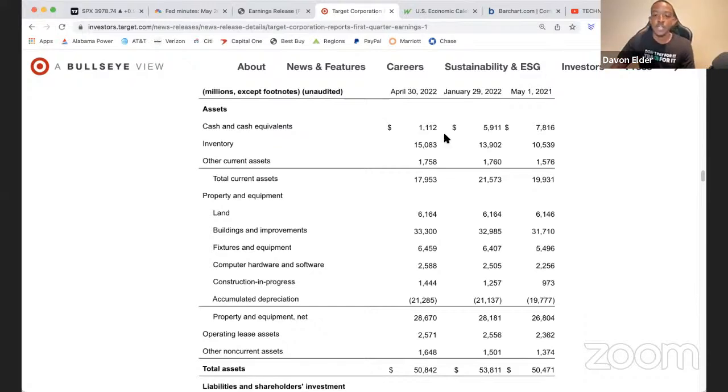So they're going to get off of this inventory and they're going to lower these prices, but to do that, they're probably going to have to let go of staff and have layoffs.